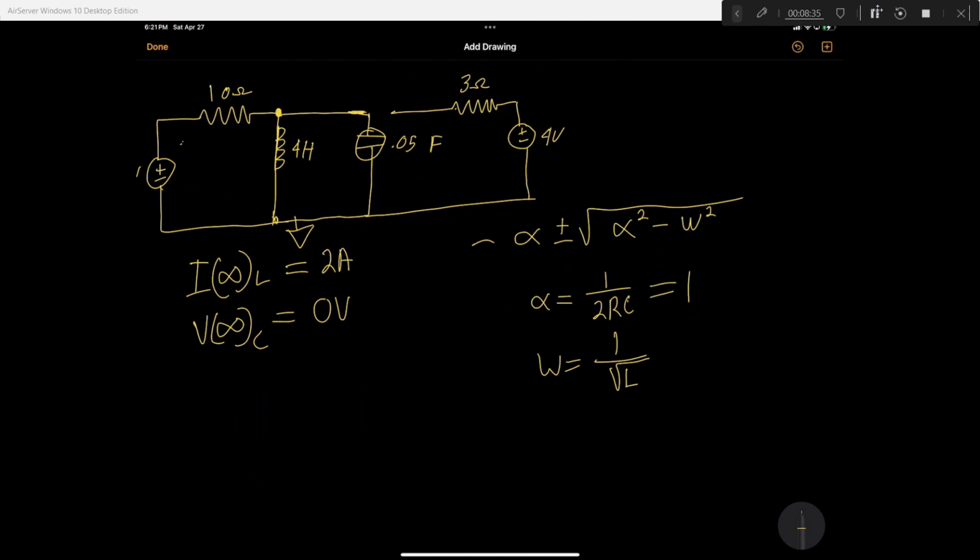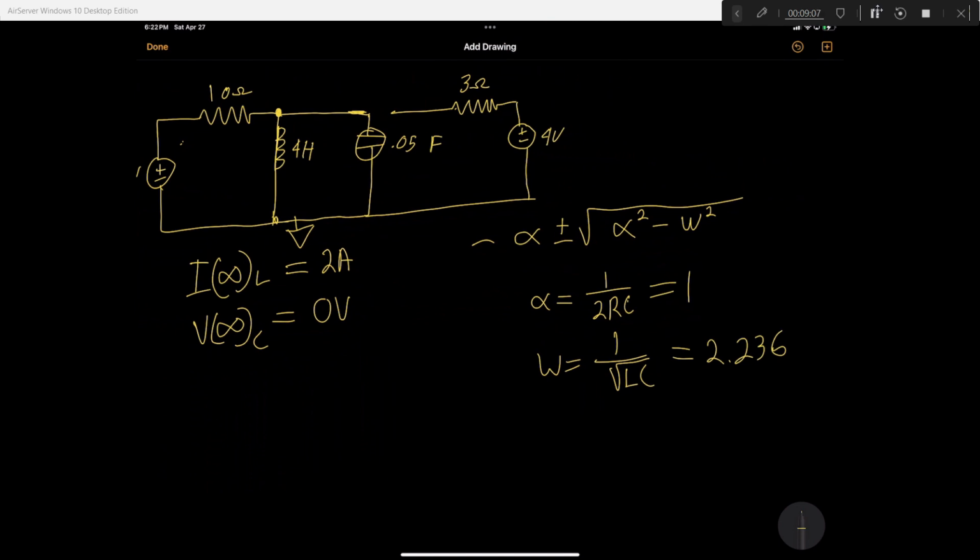And omega, 1 over root LC, you get some really nasty number like 2.236. So when you take 1 squared minus this weird number squared, we get negative 4.